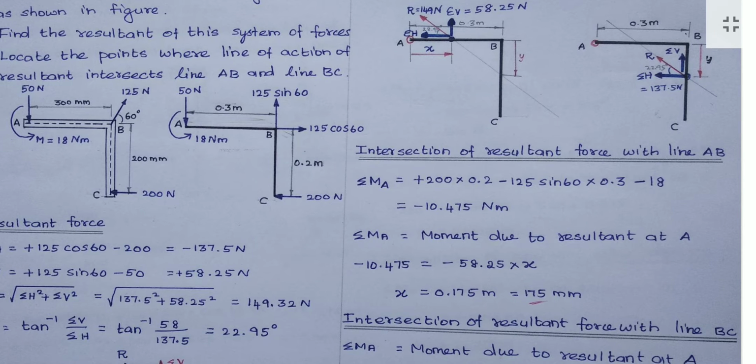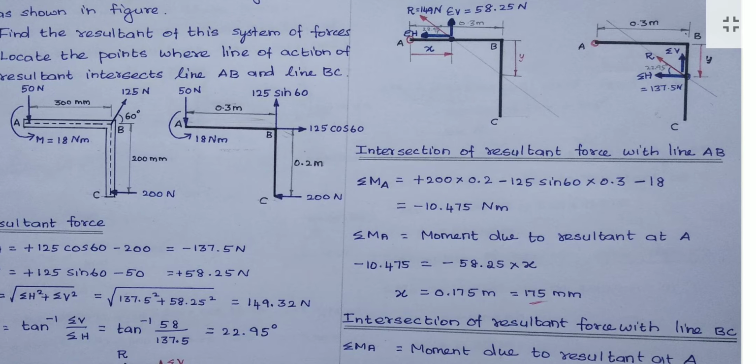I put an unknown value x, and also how far down from point B it is cutting, y. Our aim is to find this x and y: where the line of action of the resultant force meets the sides AB and BC. I am assuming that it is acting at a distance x from A and y from the point B. One by one we will find.